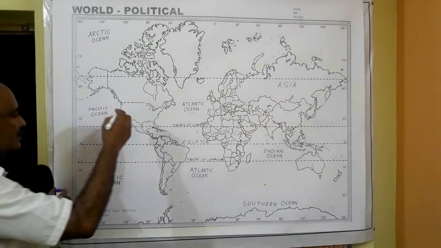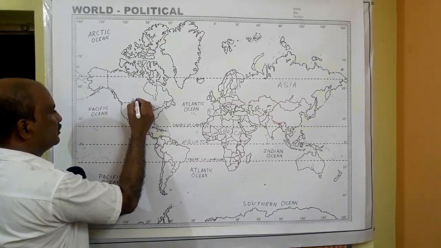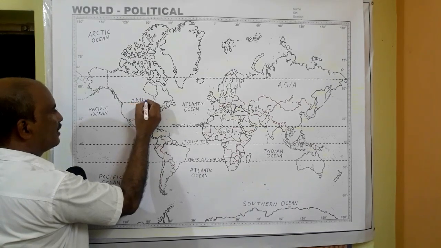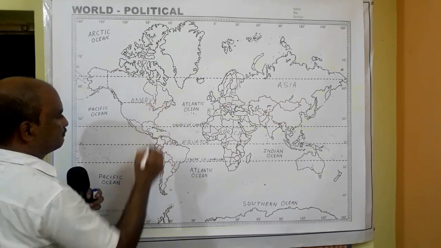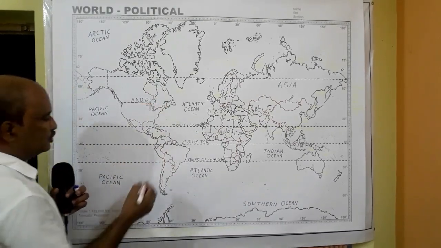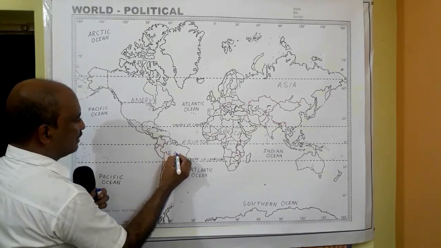Now the third one is America, that is the northern part of America, North America simply, and the fourth position is South America.